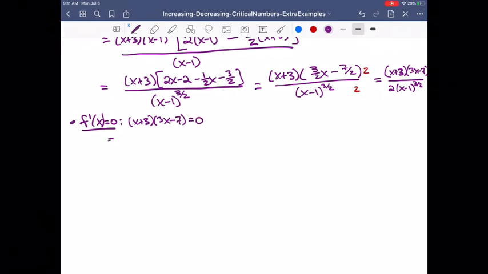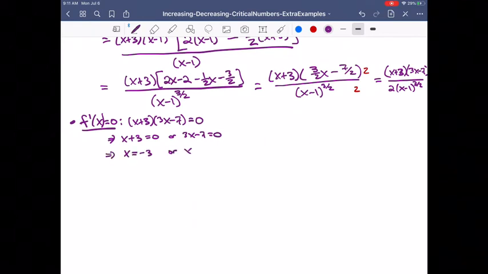That means one of these has to be 0. So x plus 3 is 0, or 3x minus 7 is 0. So we're going to get x equals negative 3, or x equals 7/3, which is approximately, I'm going to write this down, 2.33.